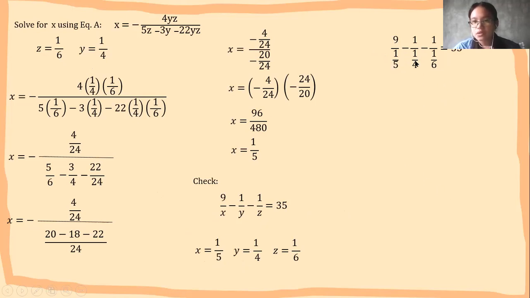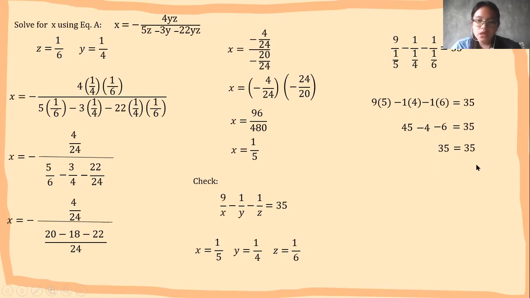Let's multiply all the denominators to the numerator. So we have 9 times 5 minus 1 times 4 minus 1 times 6 equals 35. So 9 times 5, we have 45. Negative 1 times 4, we have negative 4. Negative 1 times 6, we have negative 6, equal to 35. So 45 minus 4 minus 6 is equal to 35, or positive 35 is equal to 35.